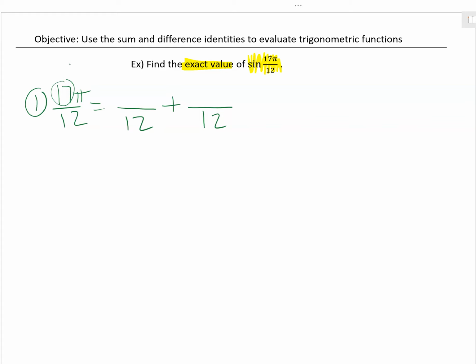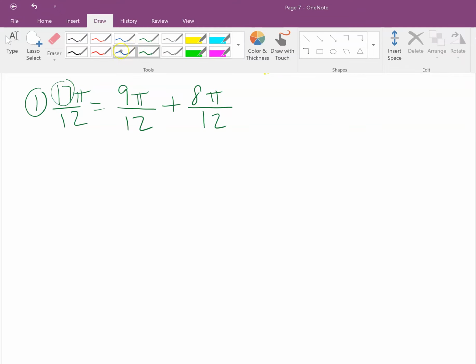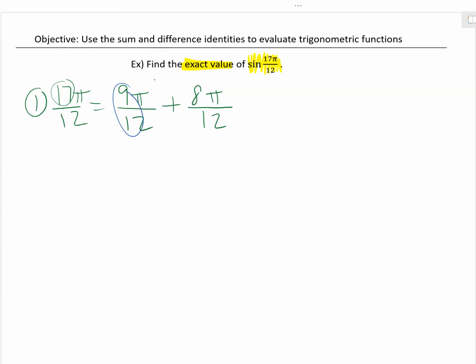So I might try, for example, say 9 and 8. 9 plus 8 being 17. Now, as long as each of these reduces to a unit circle angle, verifying they're part of the unit circle, then I can use them.